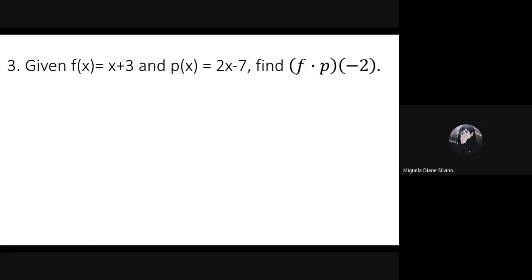You can use the FOIL method when multiplying f and p.